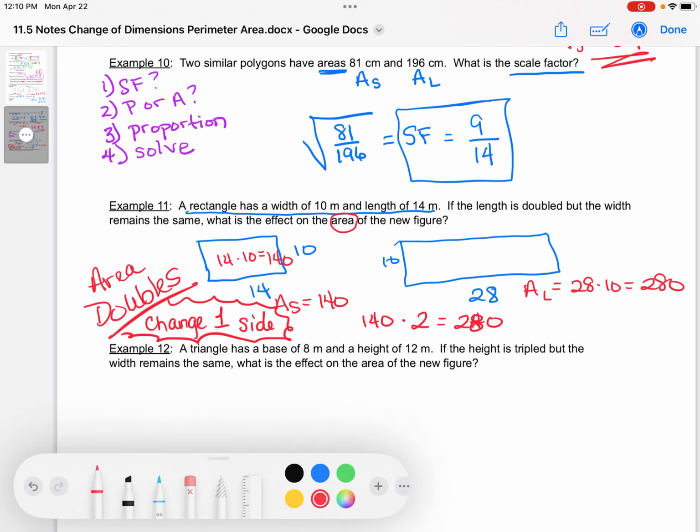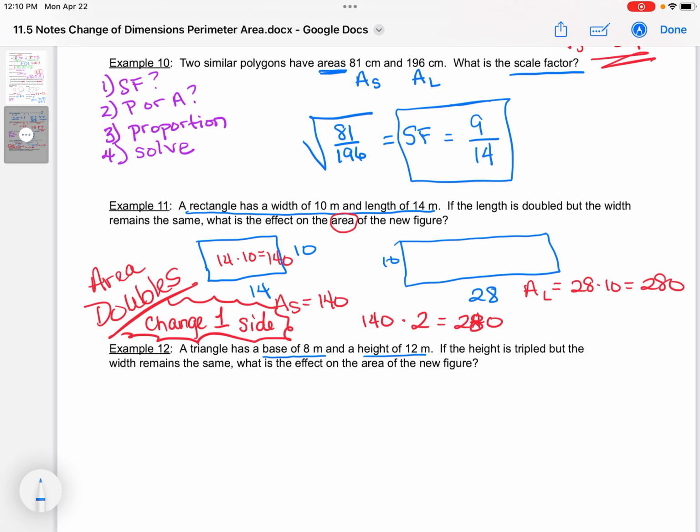So we're going to do the same thing again with triangles. So here's my triangle. This is 8. And this is 12. I'm going to make it 3 times taller, but the same width. So now my height is going to be 36. So what do you think happened to the area?